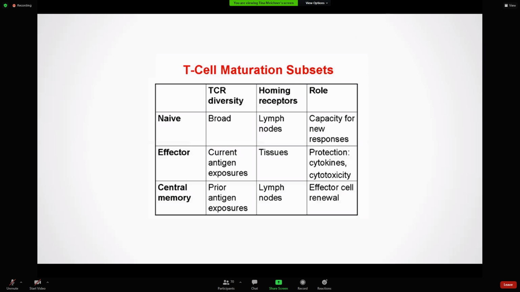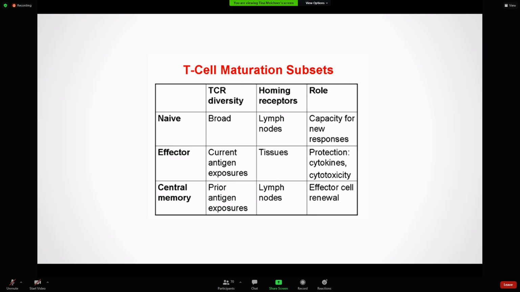So if we look at those from the beginning to the end, we have those naive T cells that start out very diverse, with very different types of T cell receptors. And they migrate to a lymph node. And then they're kind of just waiting for an antigen to come in and to be selected, so that I'm the one who's actually fighting that antigen.